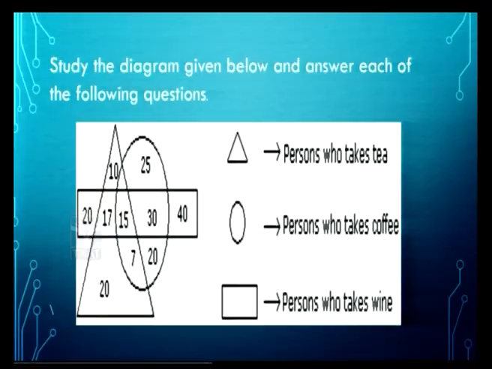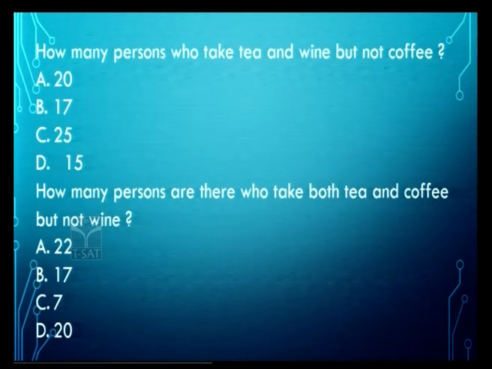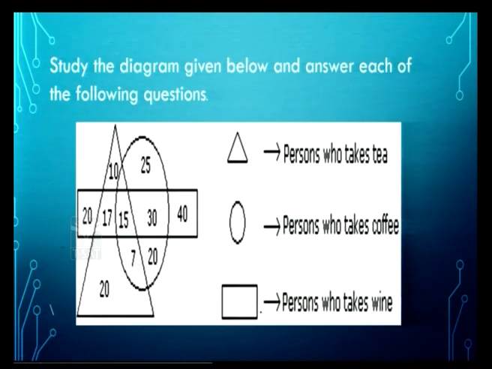Now study the diagram given below and answer each of the following questions. The question asked is: how many persons take tea and wine but not coffee? Tea is the triangle.